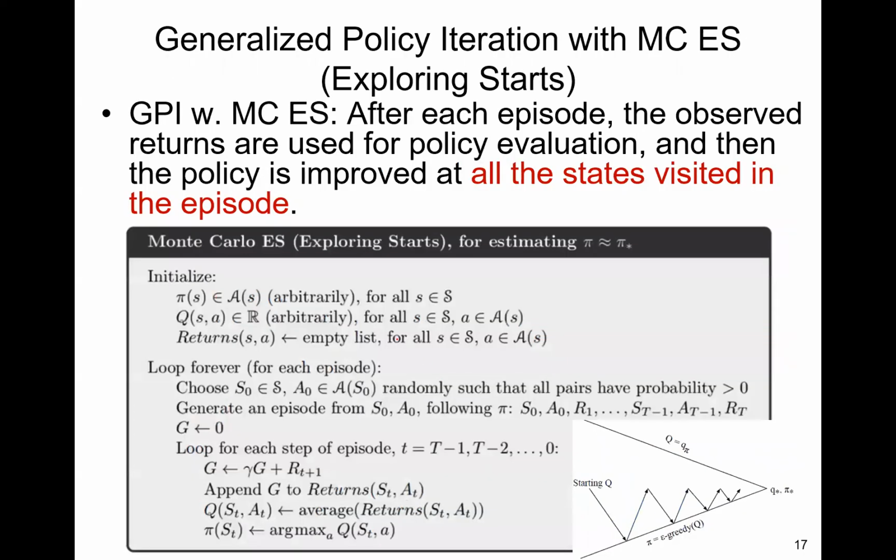So now for the generalized policy iteration with Monte Carlo exploring starts, you perform the policy evaluation with observed returns, and the policy is improved at all the states visited in the episode. So in a sense, it is an incomplete policy evaluation at every step.